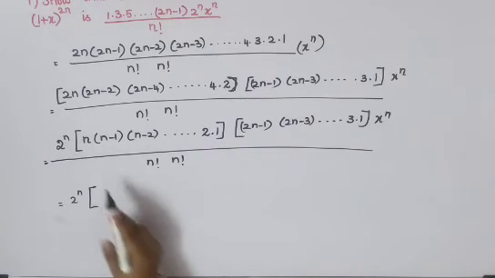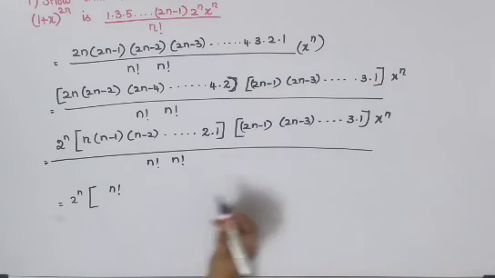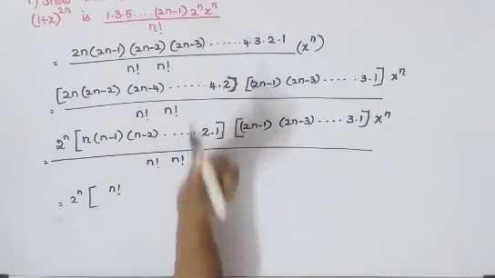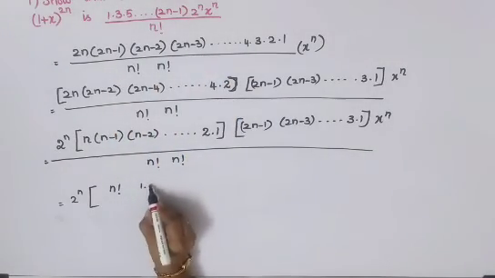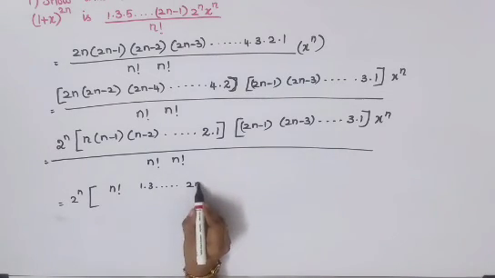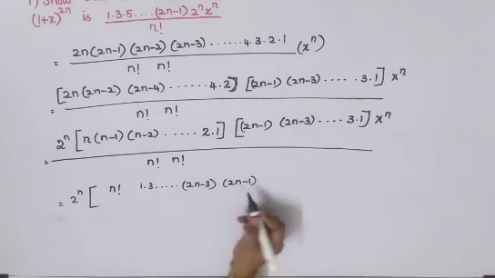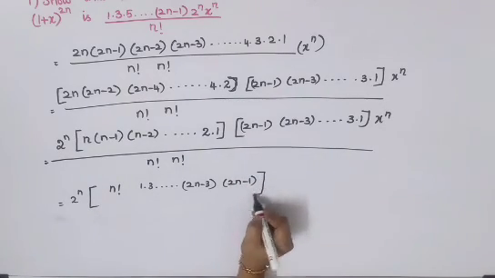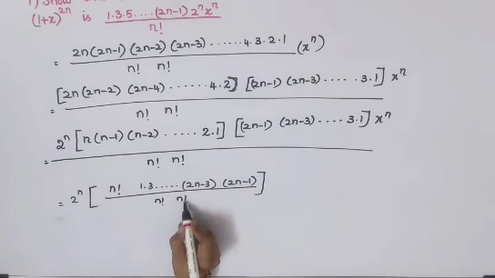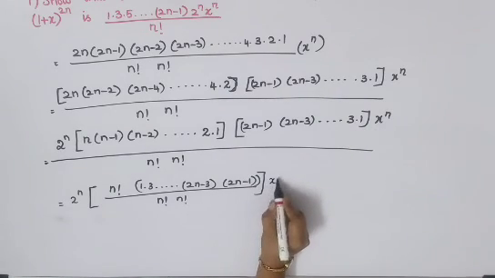So I can replace the whole thing by n factorial, and these odd terms will be there as it is, but I'll turn it around and write it, because in this order you'll get it. So 1 into 3, etc., 2n minus 3 into 2n minus 1, that is this term, divided by n factorial, into this x power n as it is.